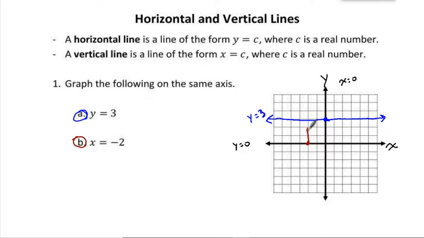And so the y values could be anything. X is always -2 on this maroon line.